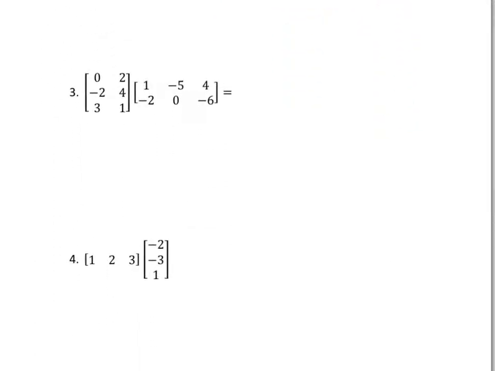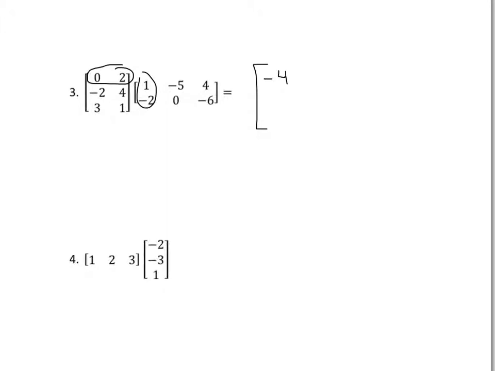Do we have the same number of columns in the first as rows in the second? Yes, obviously we do. You've got 2 columns in the first, 2 rows in the second. So we can get to work. We begin by multiplying the first row by the first column. That's going to give us our first element. You got 0 times 1 is 0, plus 2 times negative 2 is minus 4. Good.